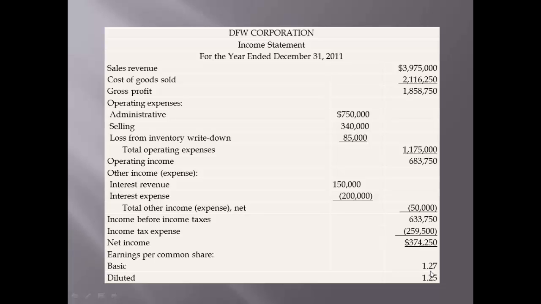Now, preferred dividends are dividends paid to preferred stockholders. Not all companies issue preferred stock, but if they are issued and they are preferred shareholders, any dividends paid out to this special category of shareholders will be deducted because, again, the EPS is earnings per common share.